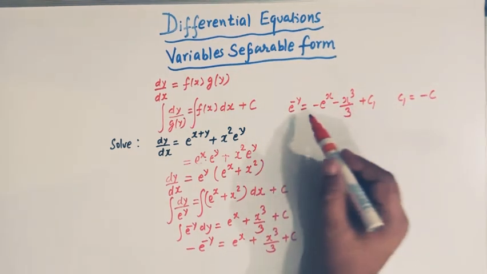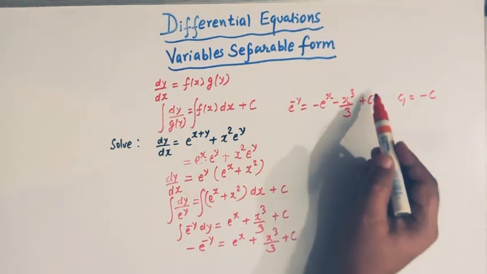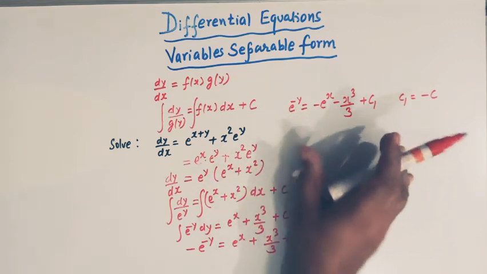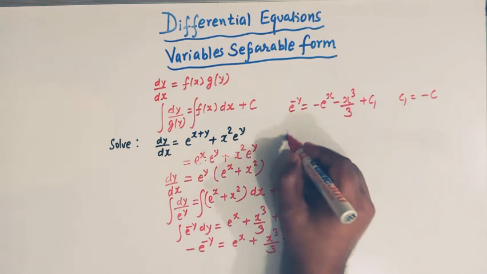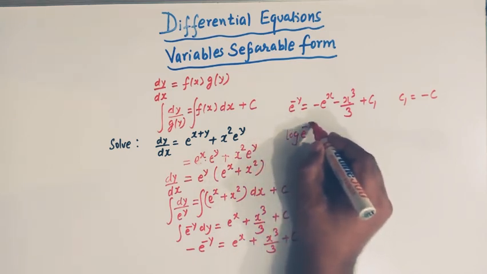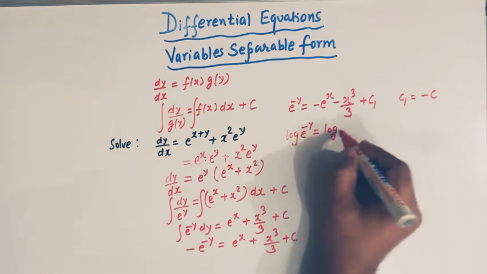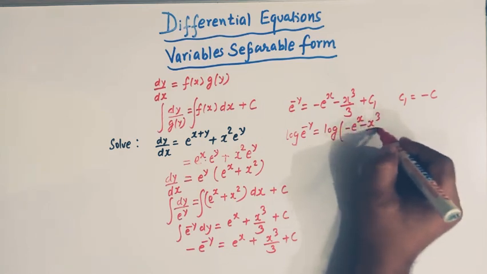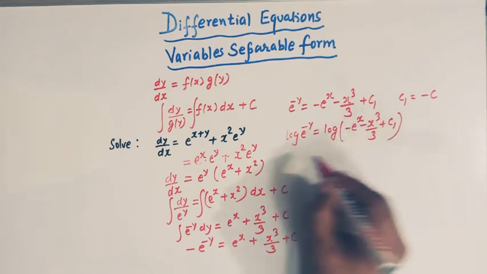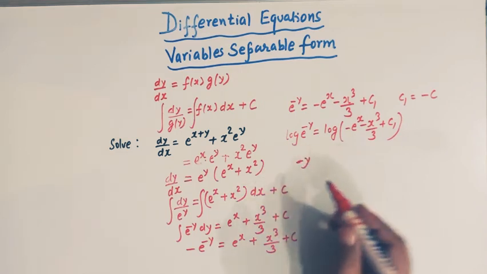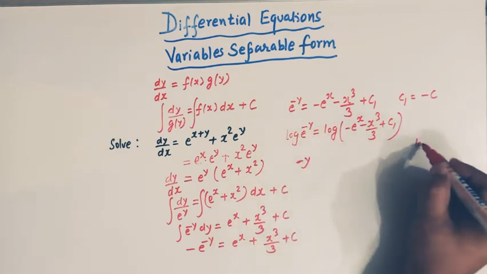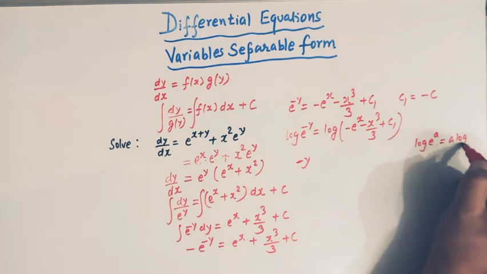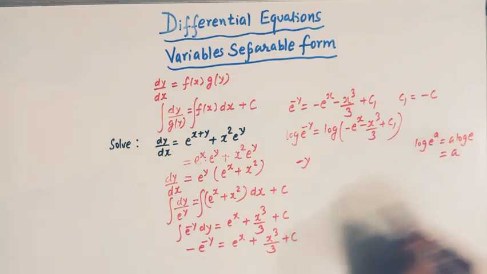And we can leave the solution at this point, but if we want to simplify it further, we can take log of both sides. So if we take log of both sides, we have log e raised to minus y on the left, and on the right log of minus e raised to x minus x cube over 3 plus c1, and on the left we have minus y, because log of e raised to a is a log e, and log e is 1, so we have a, right?